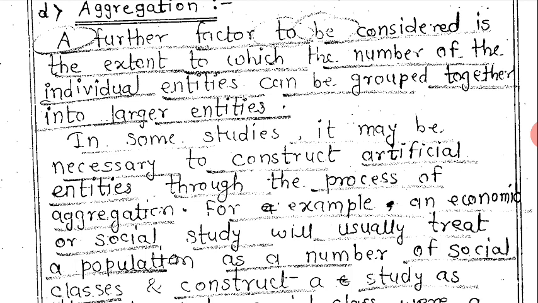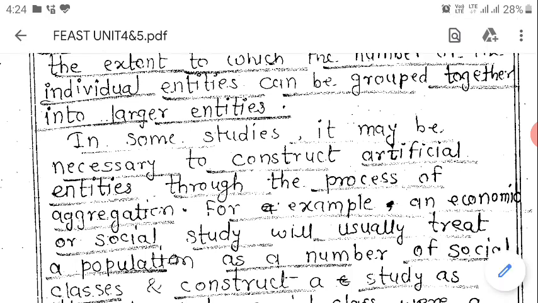If we have a large number of entities, it is very difficult to consider every entity at every time, along with its characteristics, that is attributes, and its activity.